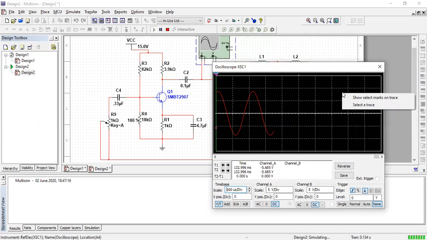If you start from here, 1, 2, 3, 4, 5, 6, 7, there is one square box here. From that, here it is covering one square box completely.